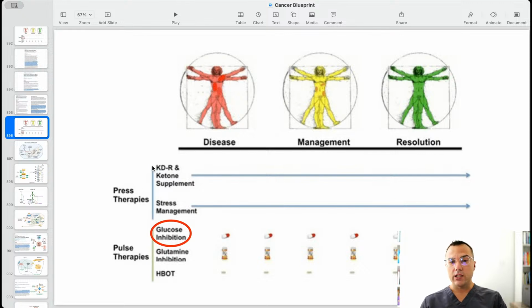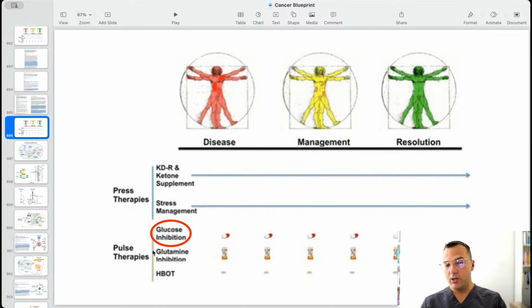it's very unlikely that any one of these pieces of this puzzle will work in a vacuum. If you do a ketogenic diet alone, you'll likely have some success, but not complete winning of the war. If you manage your stress, you're going to have some success, but not winning of the war. If you start to block glucose and you're not in ketosis, that could be problematic, and you're probably not going to win the war.